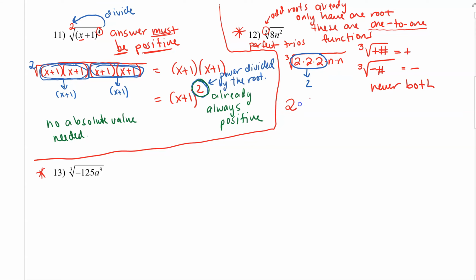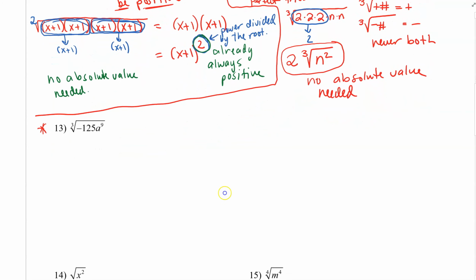So I can take the 2 outside of the radical, and then I just leave the n squared underneath the cube root. That's my final answer, and no absolute value was needed because the answer could only ever be positive anyway, right? The cube root of 8 is going to be 2, not negative 2 anyway. So I don't need to worry about making it positive.